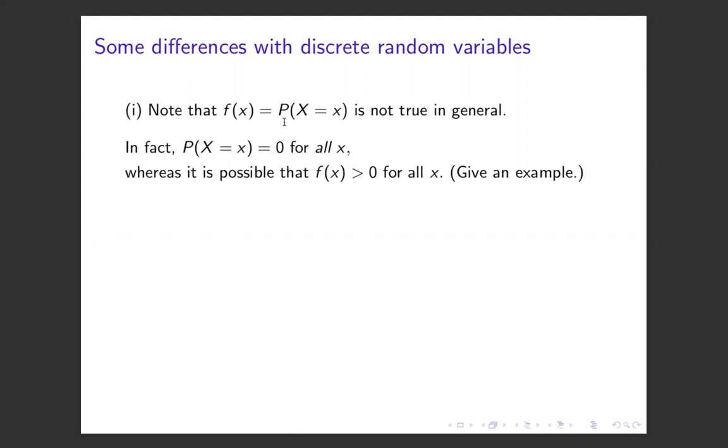Only in such cases is that true. One can easily show that the probability that capital X equals a fixed little x is zero for all x, whereas it is possible that the corresponding probability density function f of x is strictly bigger than zero for all x.